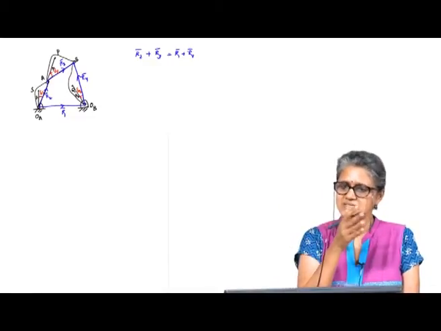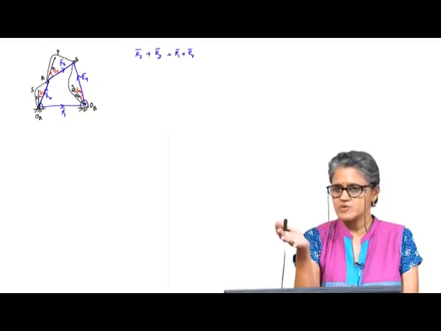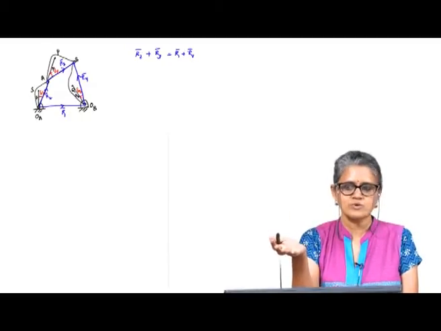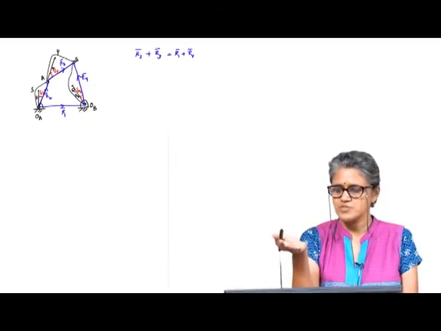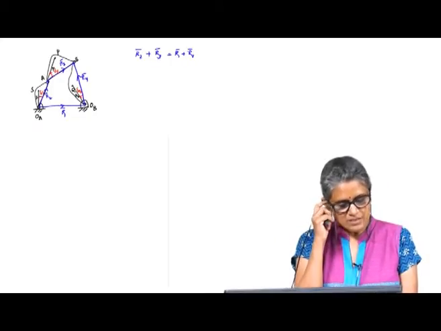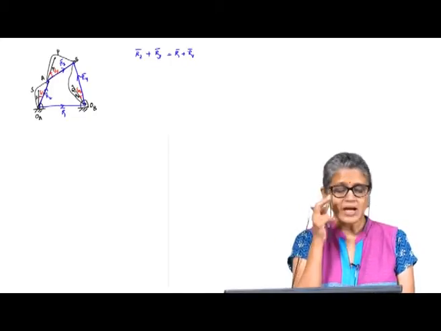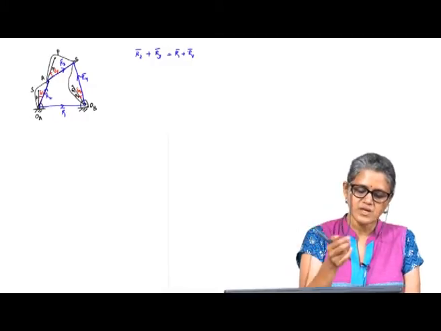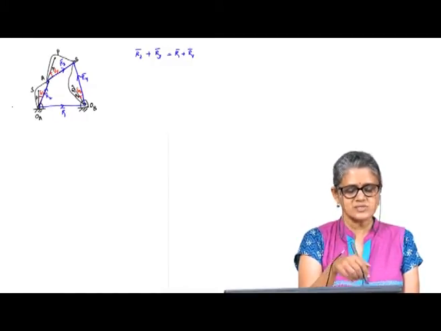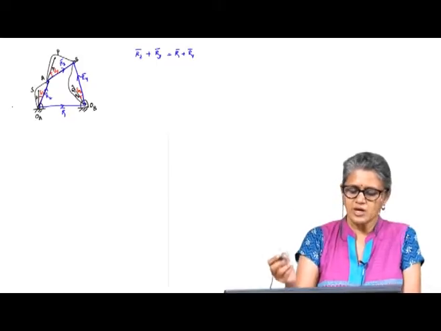It is not always necessary that theta 2 should be the input angle, it could be theta 3 and your output could be theta 4, that is also possible; it really depends on the application. Typically theta 2 is your input, theta 4 is your output.